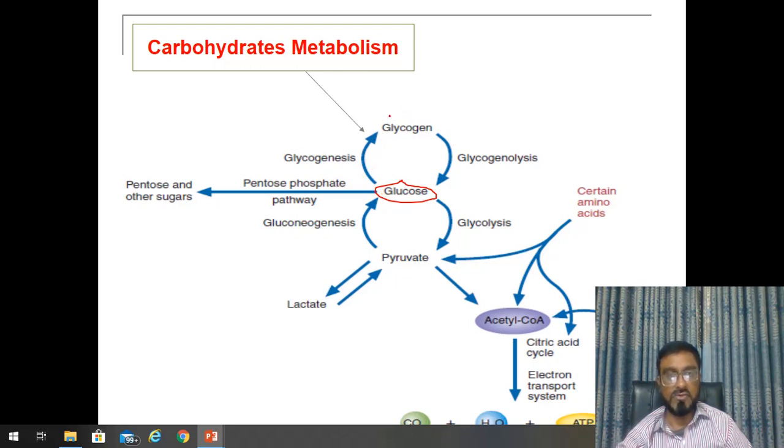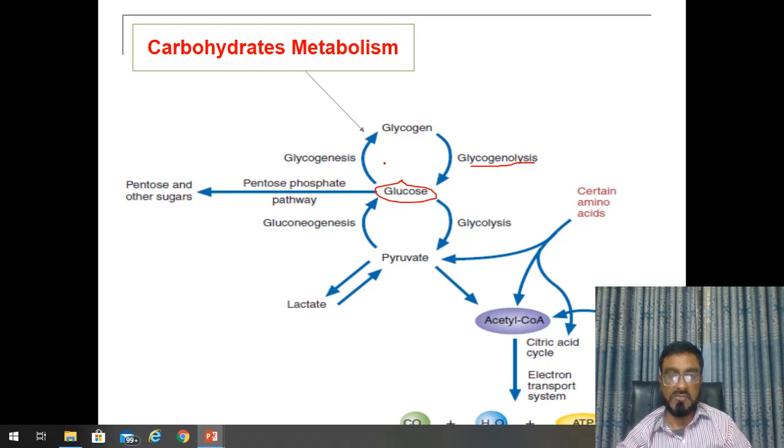When your body is in a fasting condition, this glycogen is converted into glucose through the process of glycogenolysis. Again, it's a pathway. A pathway means it consists of several reactions. It's not one single reaction, it's several reactions.